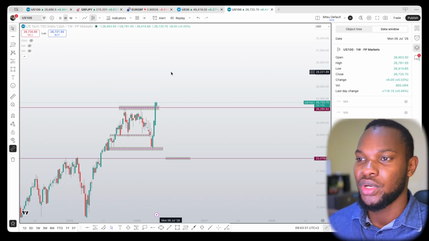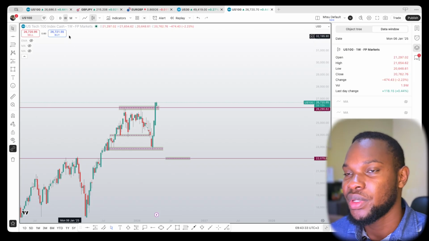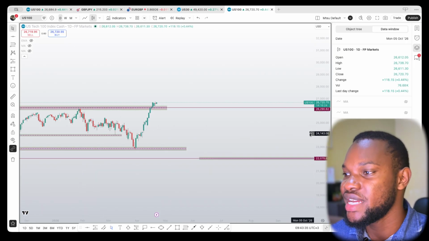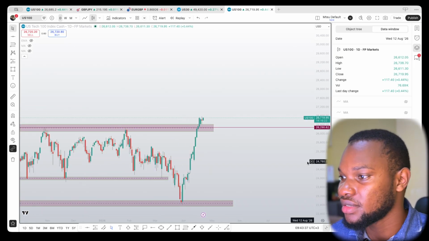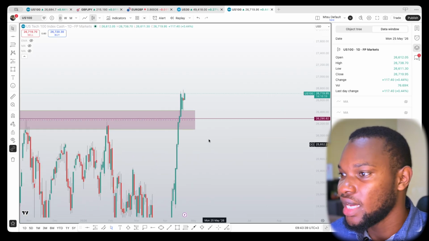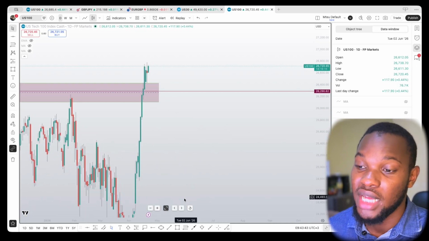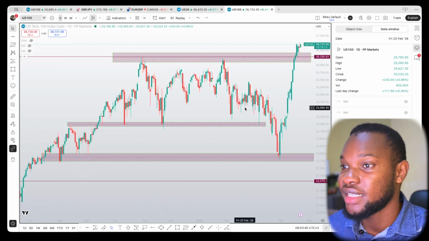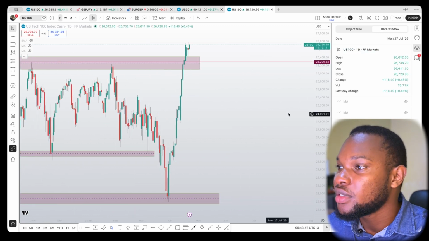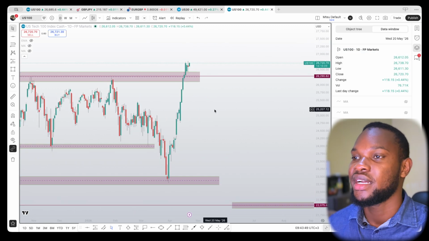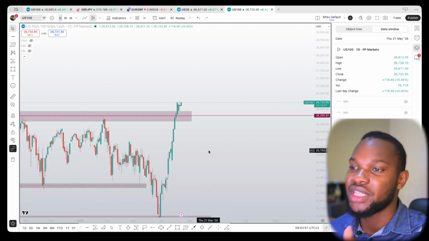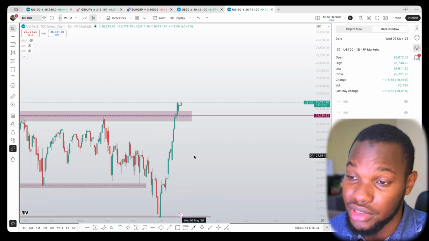So what do we do? What we can actually do here is wait for a retest to happen somewhere around 26,800. I've switched to the daily time frame. Wait for the retest to happen here and aim for 30,000, or whatever according to your strategy.